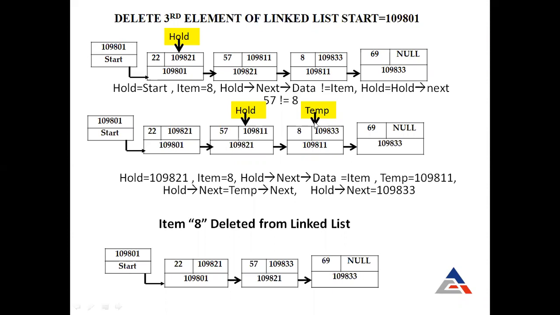If searching is finished, now deletion gets started. At this point, I delete the node that I want to delete from the linked list. It means first I mention which node I want to delete. Second step, start searching that node in the linked list. If you are unable to find it, you cannot delete.